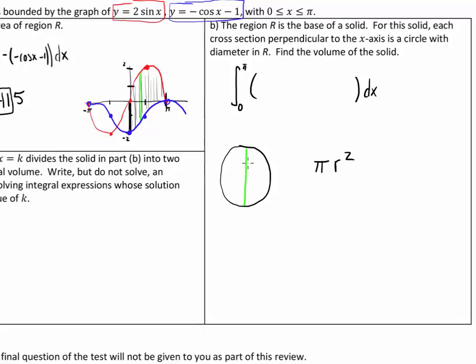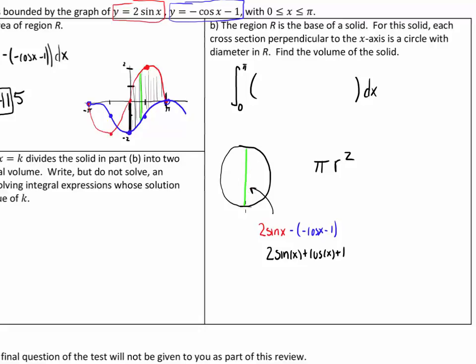All right, so this is the diameter. How do we get that? That's going to be the top equation, red, minus the blue equation. That will give me that distance right there. So this green length is 2 sine of x minus a negative cosine of x minus 1, which you can clean up to be 2 sine of x plus cosine of x plus 1.